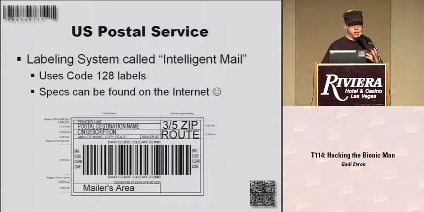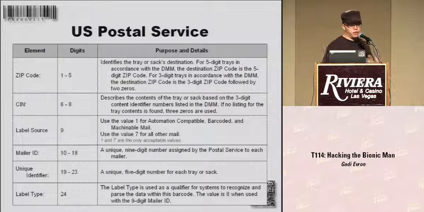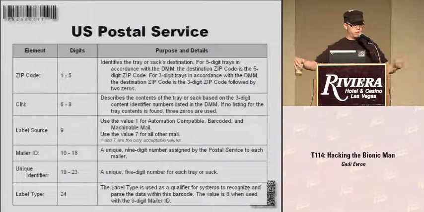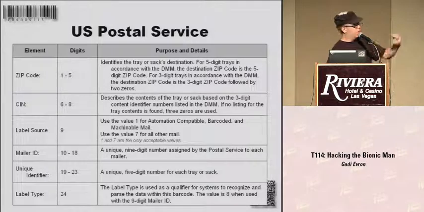So what's in a barcode? They have the spec. It says, here's the zip code, where should this go? Mind you, this only works for crates and big stuff, not for small letters. You have a CIN, you have a label source, so it says where it came from, or what type.